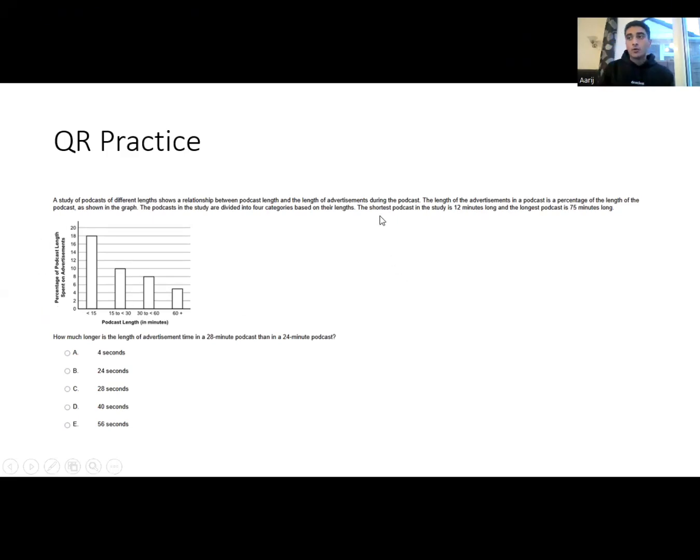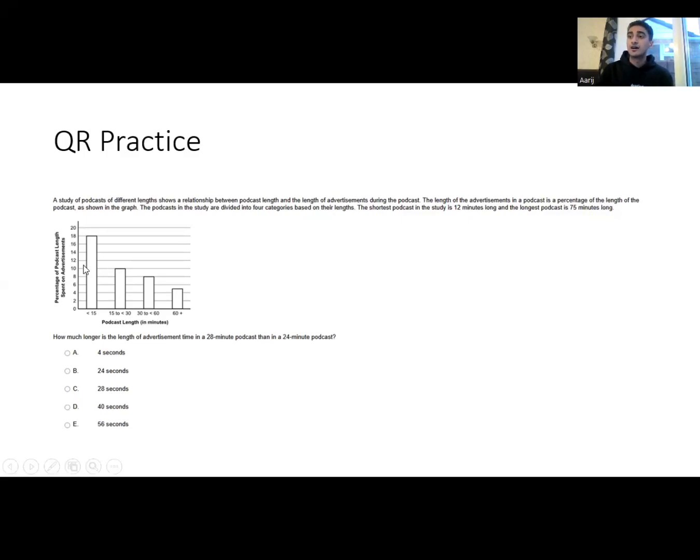So what we're trying to work out is how much longer is the length of advertisement in a 28-minute podcast than in a 24-minute podcast. So we know we're going to be dealing with this bar chart line here. Whether it's between 15 or 30, it doesn't matter.